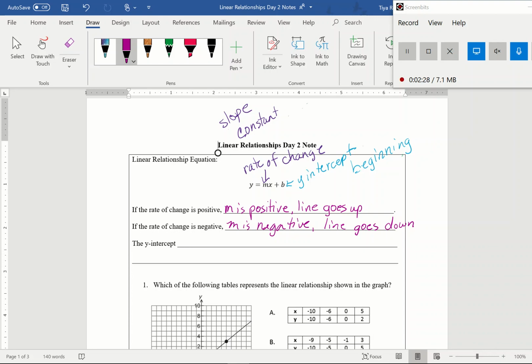The y-intercept, we said, is where the line crosses the y. It can be positive or negative.